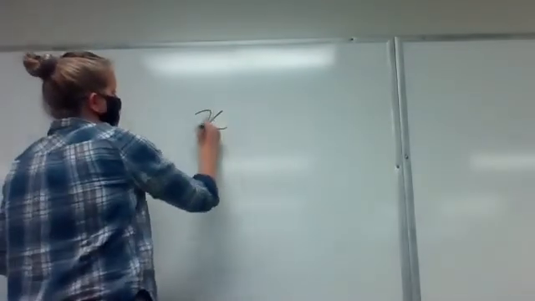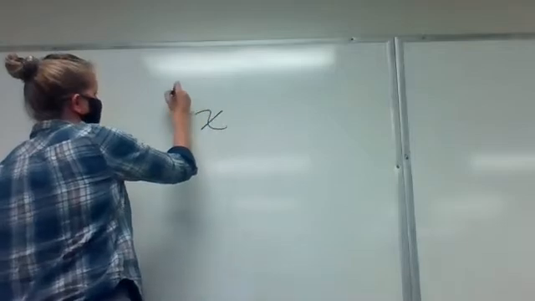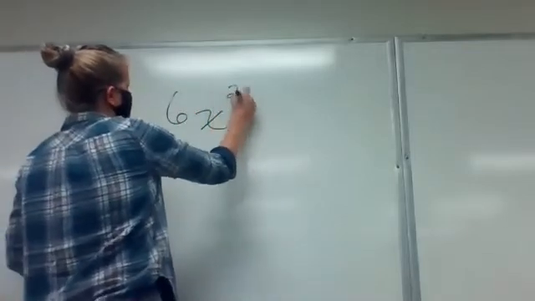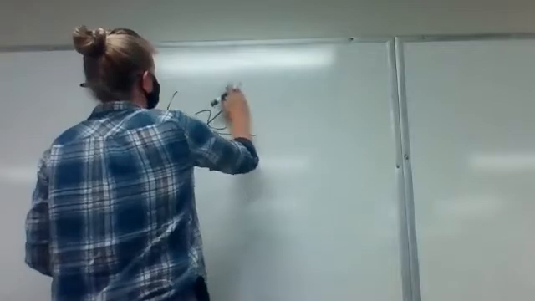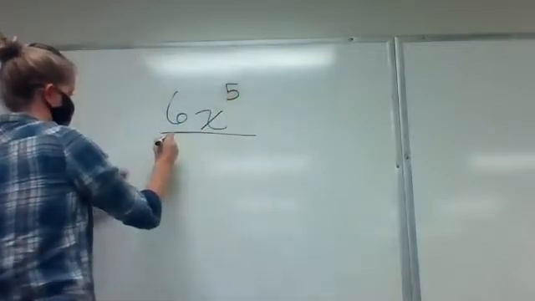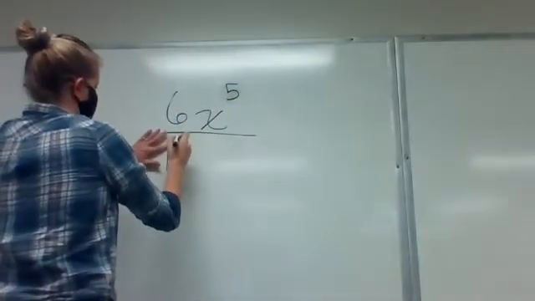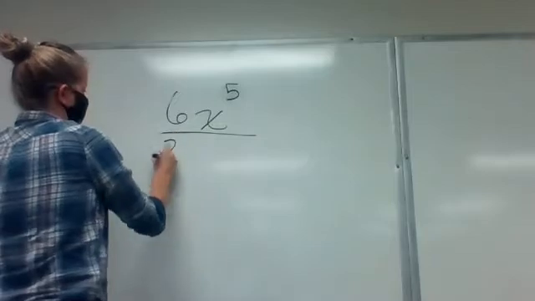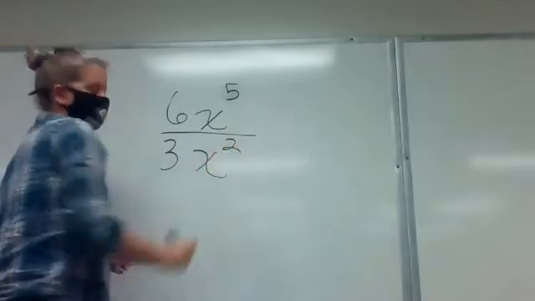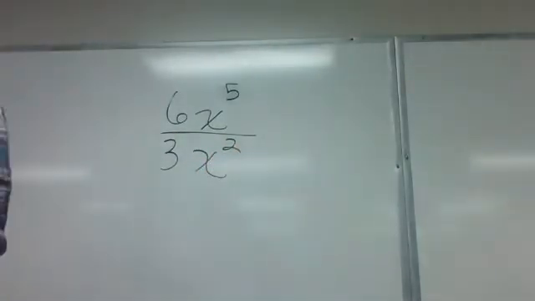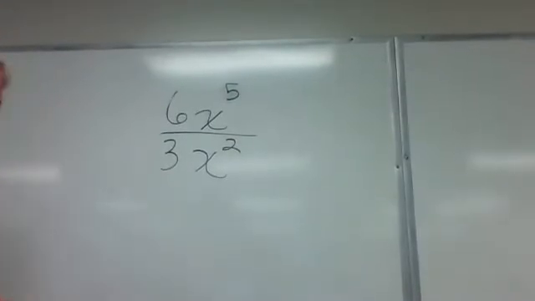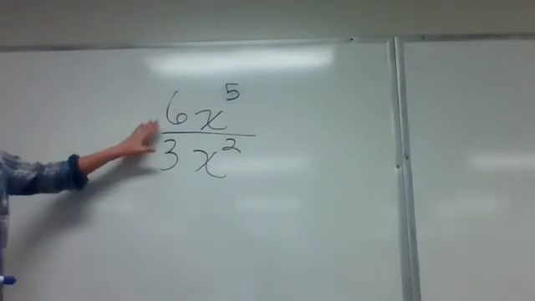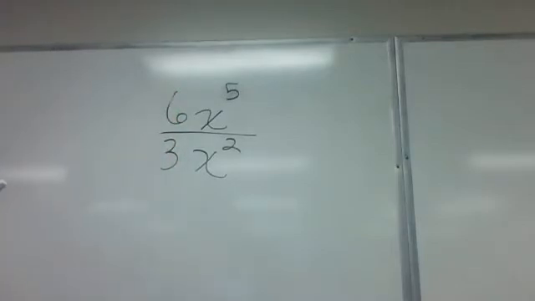For example, if you have a problem like this, 6x to the 5th over 3x squared. If we are doing this division, that's what this fraction bar means, this is dividing, okay?